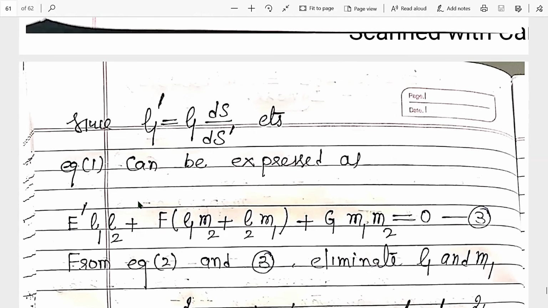If this is the common part, equation 1 can be expressed in this form, equation number 3. So we simply use these values. It means L1 dash equals this, L2 dash equals this with L2 changed, the remaining is the same. M1 is changed here and the remaining is the same. So we substitute and we get these values.